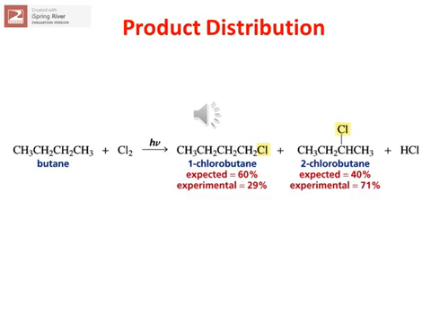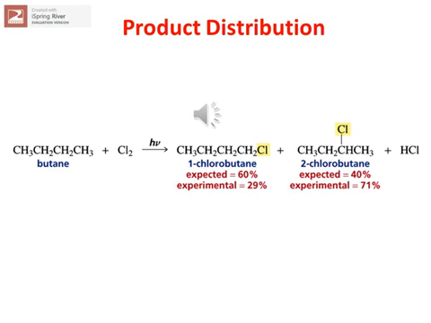If we perform the halogenation of butane with a low concentration of chlorine, then, going by the statistical distribution of the products, 1-chlorobutane should be expected in 60% yield, whereas 2-chlorobutane is expected in 40% yield. However, experimentally, 2-chlorobutane is obtained in 71% yield and 1-chlorobutane is obtained in 29% yield.